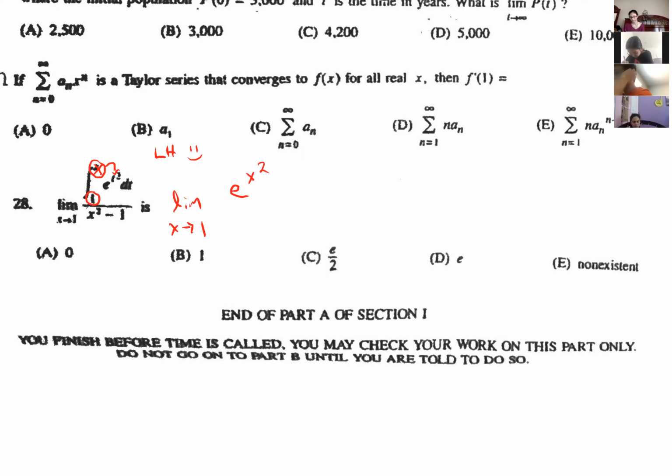So the numerator is just e to the x squared times the derivative of x, which is just 1. And then I take the derivative of my denominator, x squared minus 1, which is 2x. I evaluate this limit. It's e to the 1 squared, which is just e, over 2 times 1, which is 2.